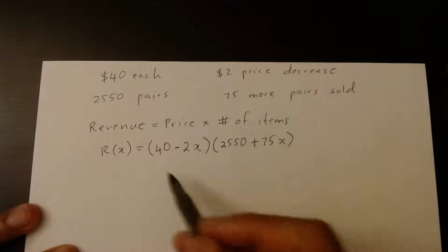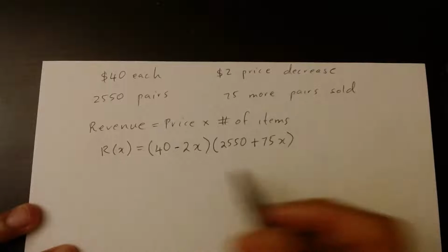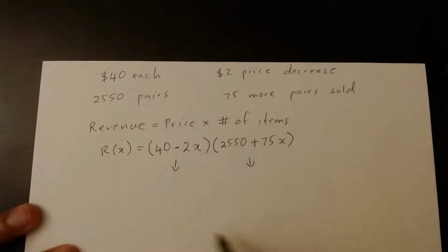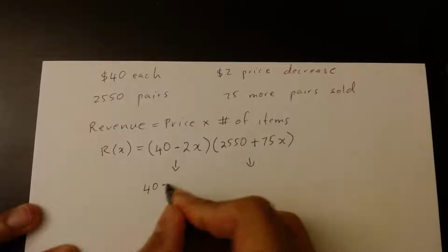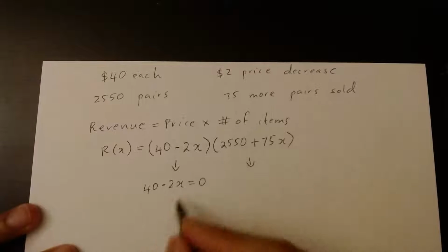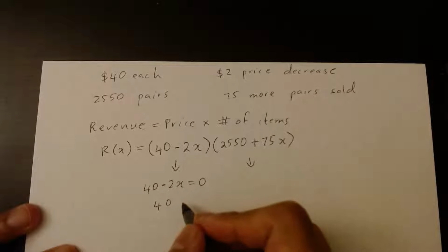Okay, now in order to find my maximum revenue and the optimal price, I need to find the vertex. And the best way to do this is to find the x-intercepts and do the midpoint method. I'm going to make this equal to 0 and solve for my x.